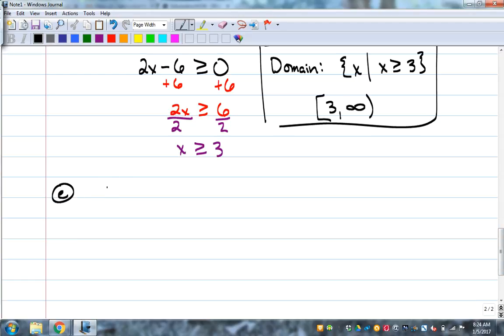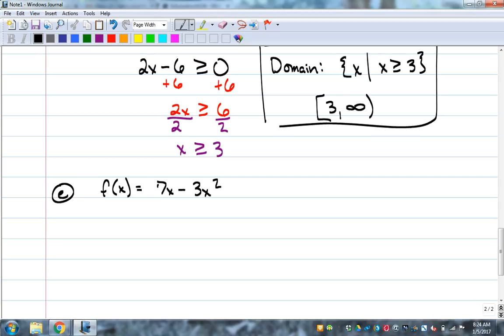All right, so let's say our function is 7x minus 3x squared. What about the domain of this? Any red flags?